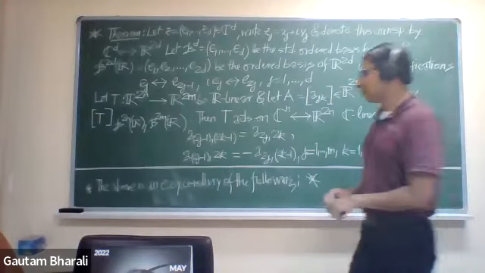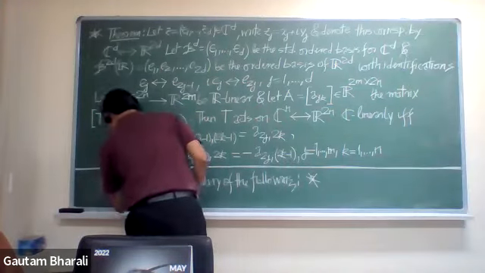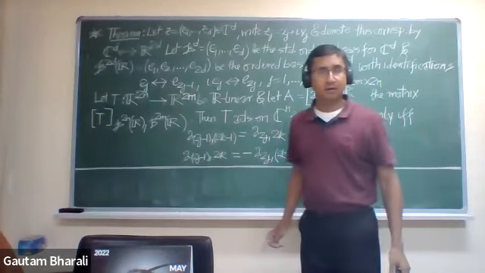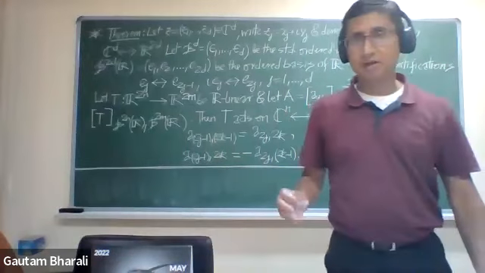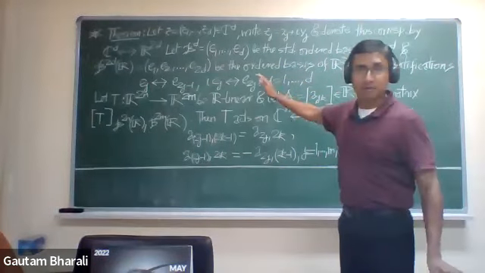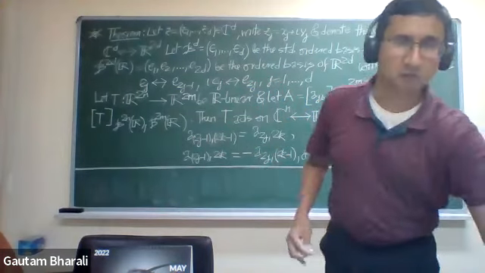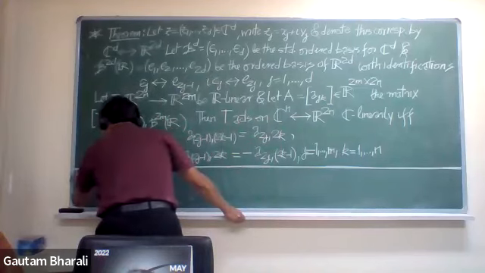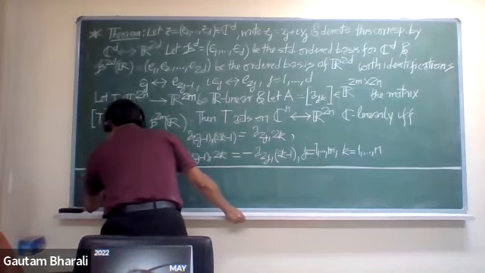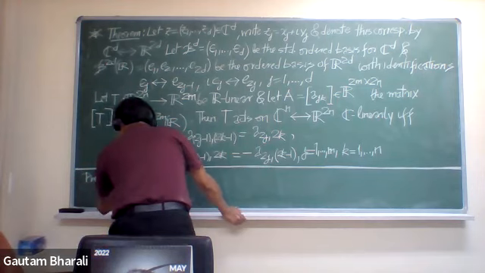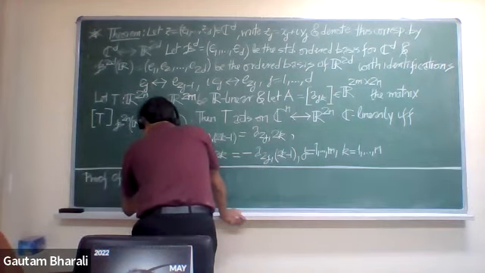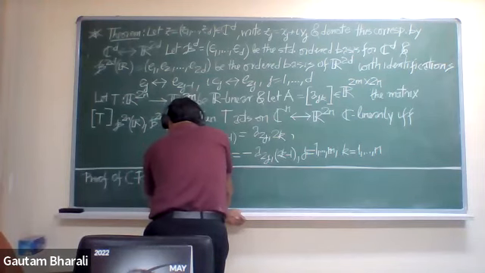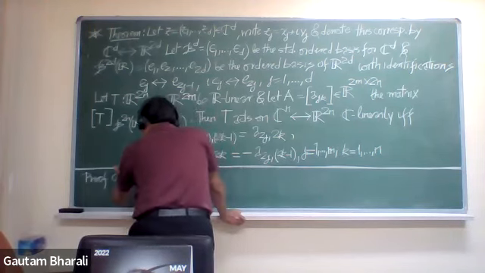Before I prove this theorem, actually I'm not going to prove this theorem in full. I am going to set the ball rolling and have you complete the proof in tutorials. So the proof of the Cauchy-Riemann equation theorem is as follows.